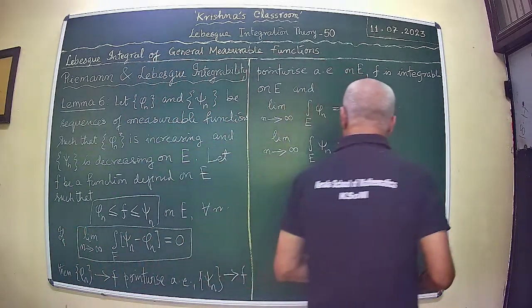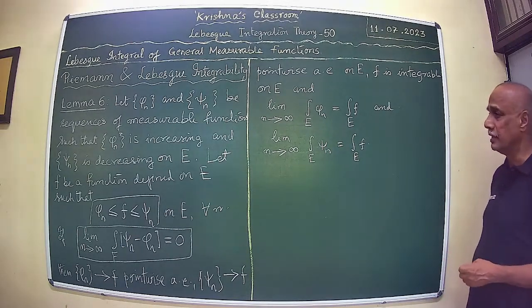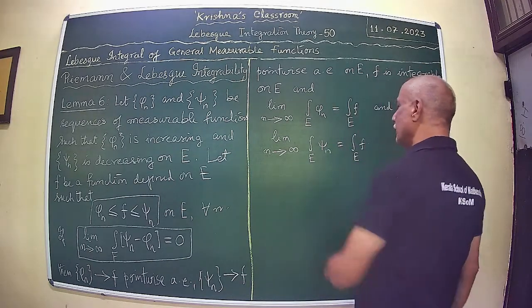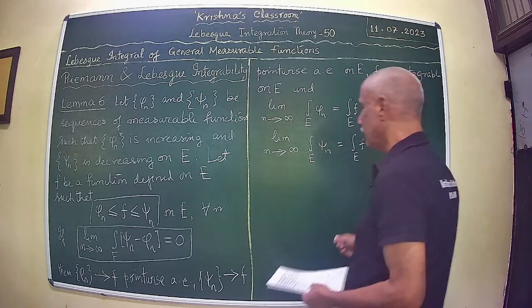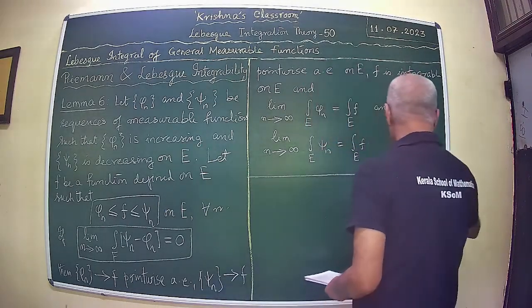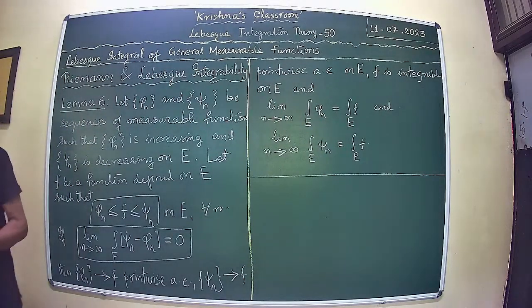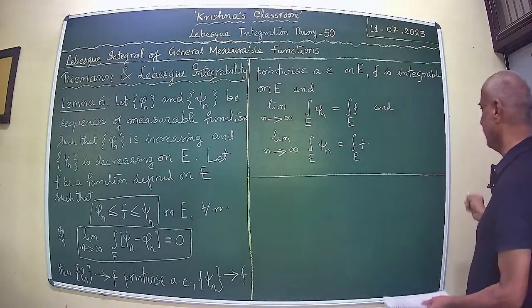You see, the integral of f is equal to the limit n tending to infinity of the integral of phi n. It is also equal to the limit n tending to infinity of the integral over E of psi n. Now this is the result. So every f that is squeezed between phi n and psi n would satisfy this.